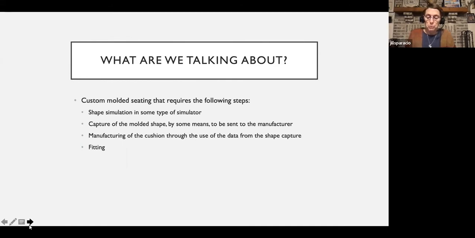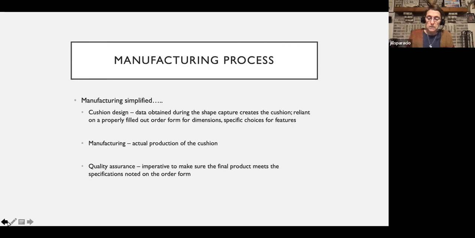So what we're talking about is indirect molding. Each step in this process is vital to the success of the system. The cushion is only as good as the weakest part. The simulation, the data capture, and there are many steps of the manufacturing process where issues can come up. The fitting part we're not going to discuss today, but it can make or break a successful outcome.